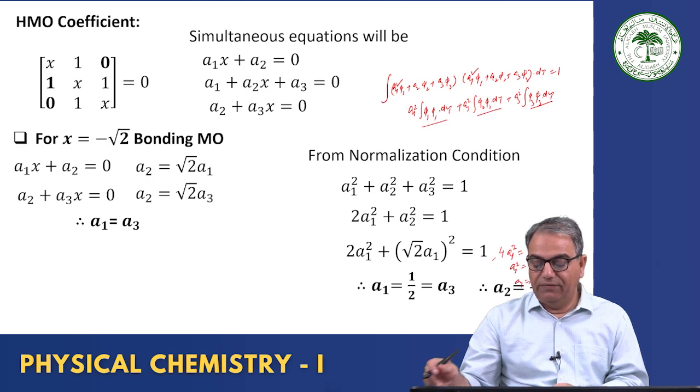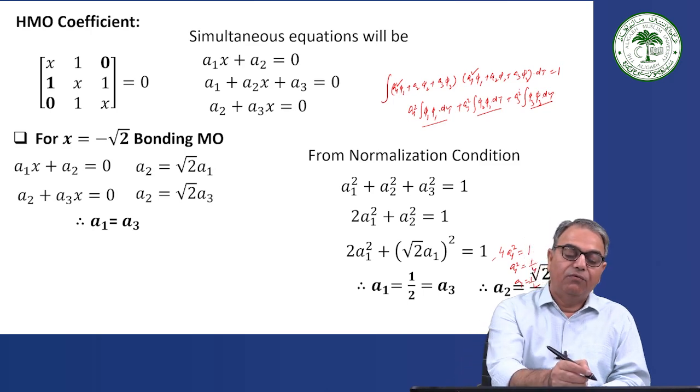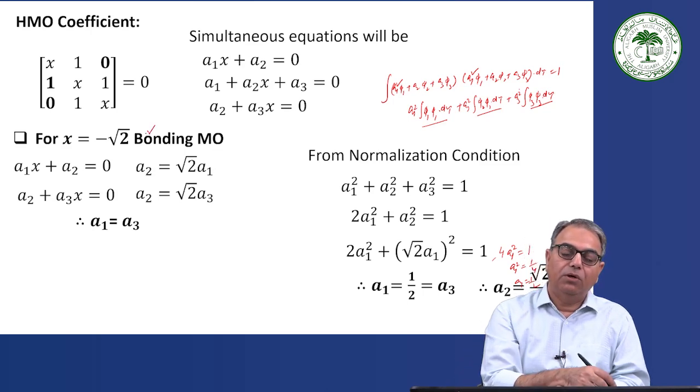If A1 is equal to 1 by 2 and A3 is equal to 1 by 2, what will be A2? A2 is root 2 into A1, so it will be root 2 divided by 2. So we have the A1, A2 and A3 values for the bonding molecular orbital.